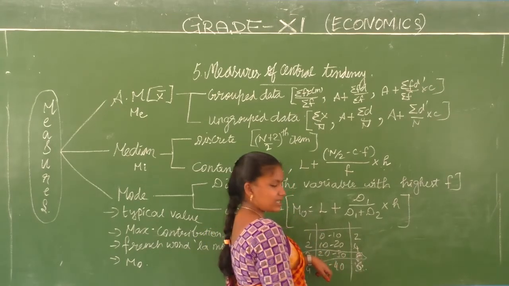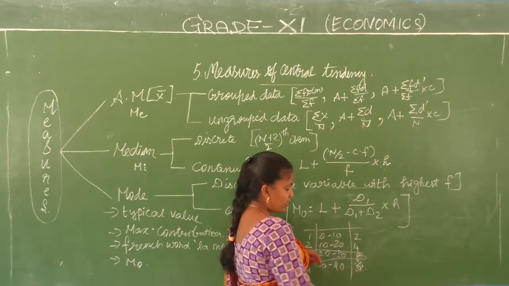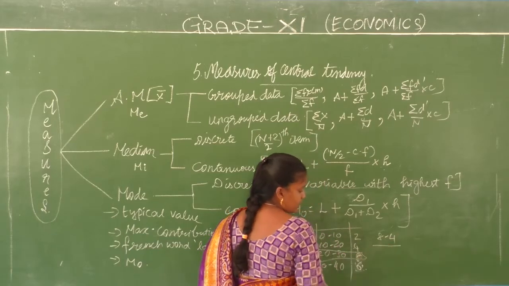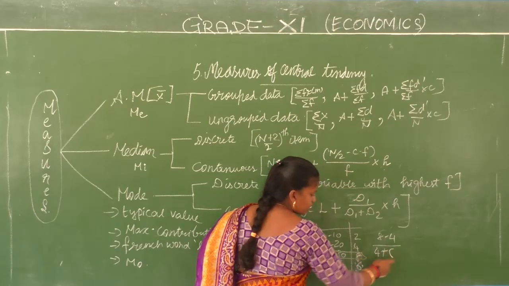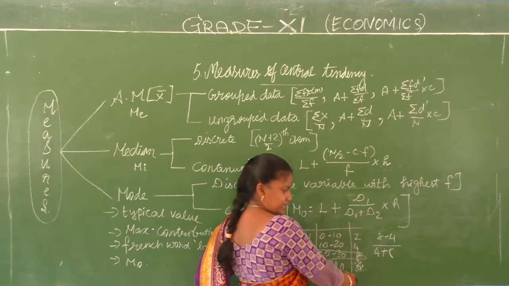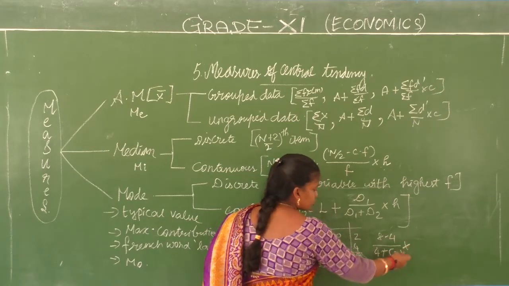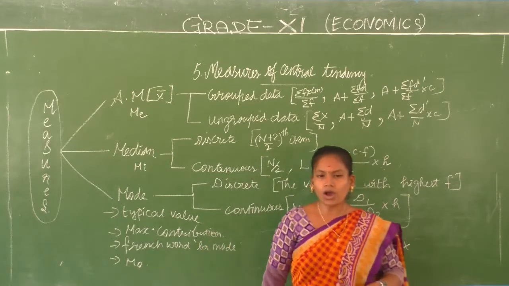You know the lower class limit, that is 20. You need to know D1, that is 8 minus 4, which is 4, divided by 4 plus 8 minus 6, that is 2, into H. What is your H? The difference between these classes, 10 is your H.